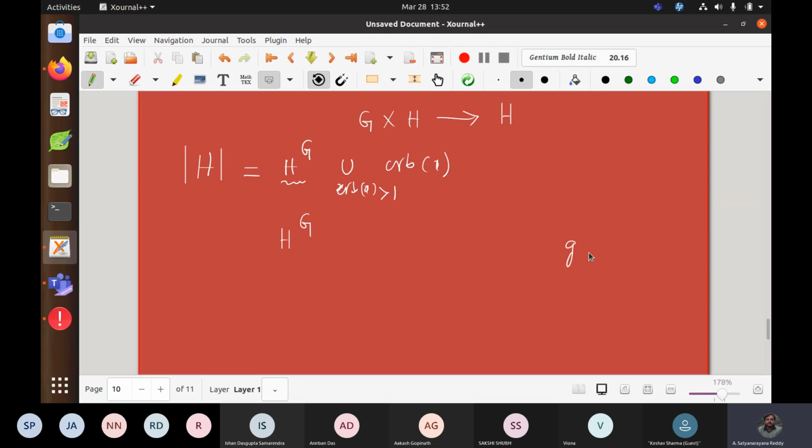Is there any element in H such that G dot that element equals that element only? Identity is there, so it is non-empty and has at least one element.